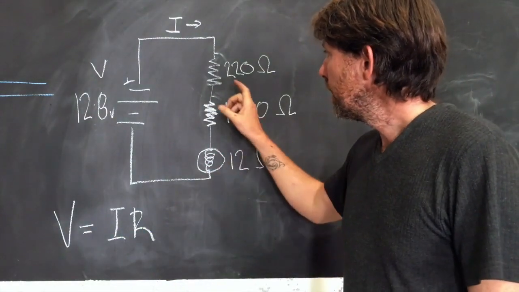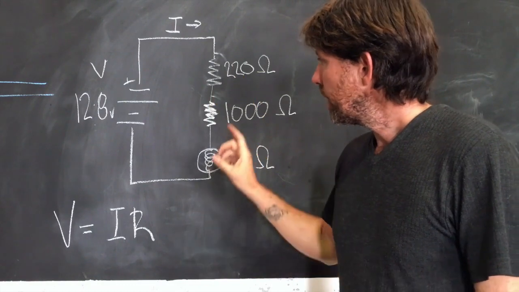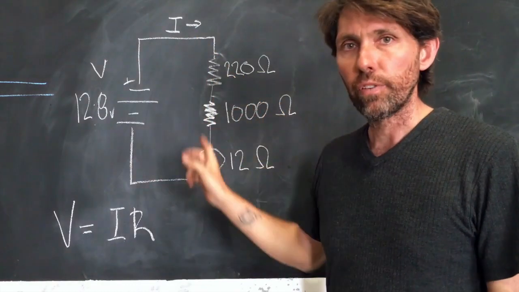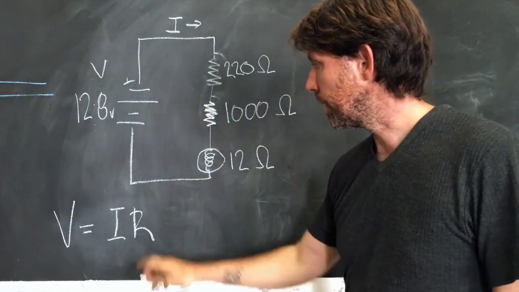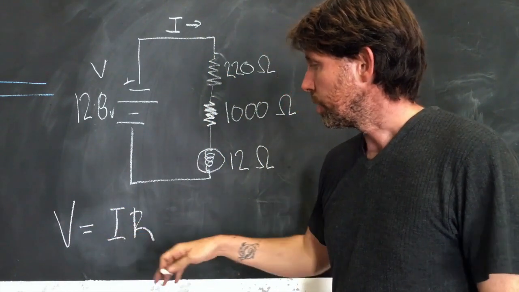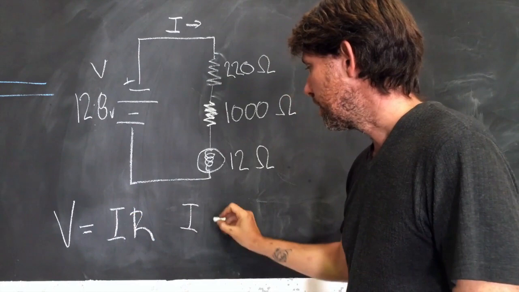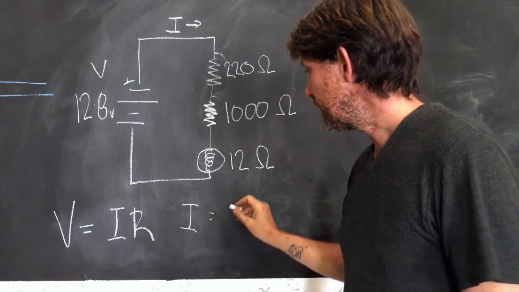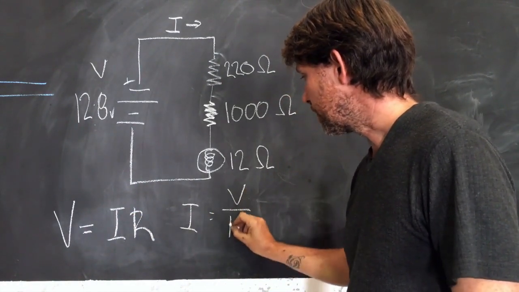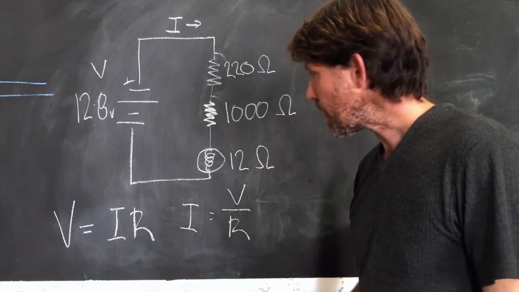So what we'll do is we'll add these up, and we're going to figure out how much current's going to flow around this circuit. And we do that by using a variation of this formula. You're probably aware that formulas can be juggled, and to figure out the current, we do the voltage divided by the resistance.